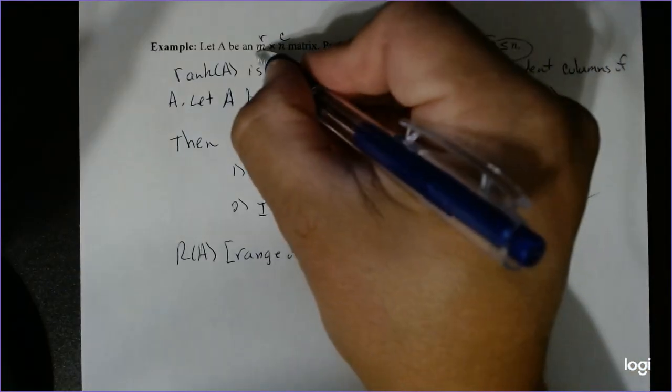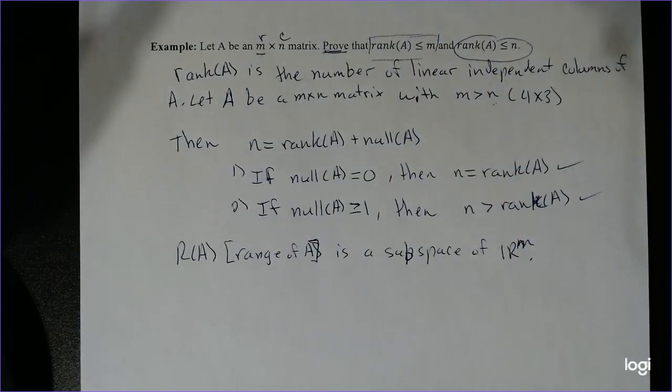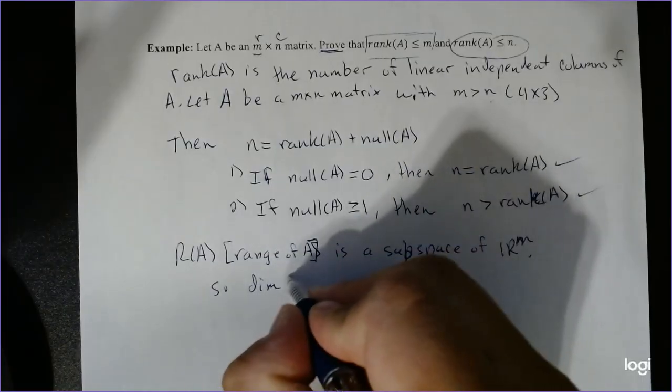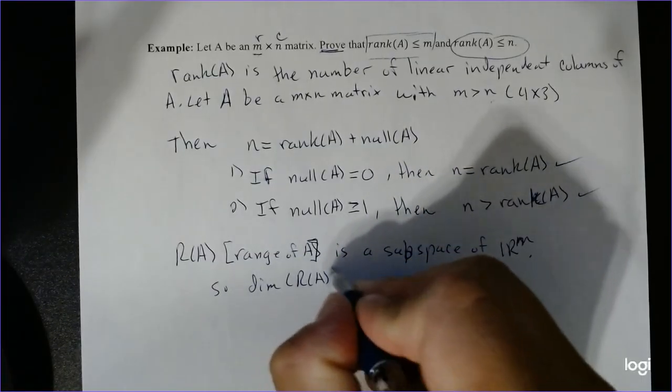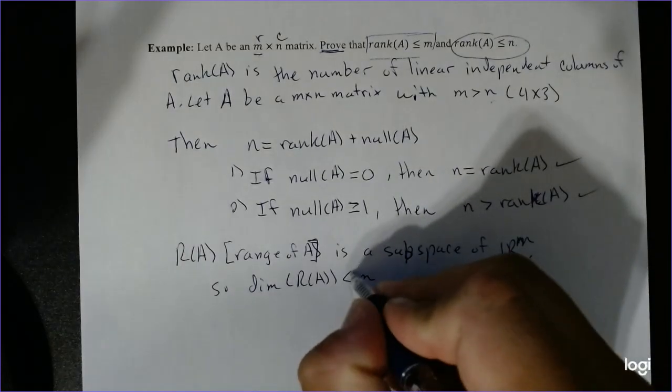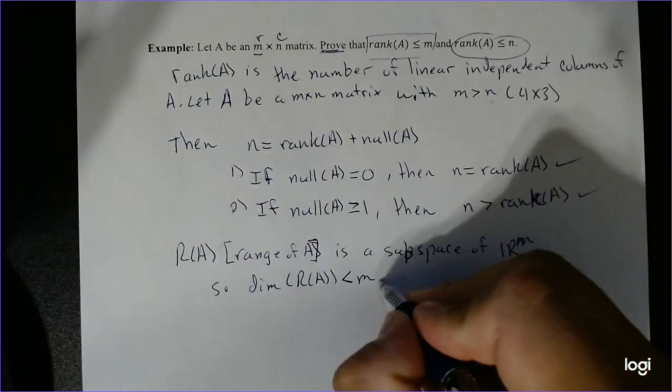So we know this means that the dimension of the range of A, which is the rank, must be less than or equal to m by default.